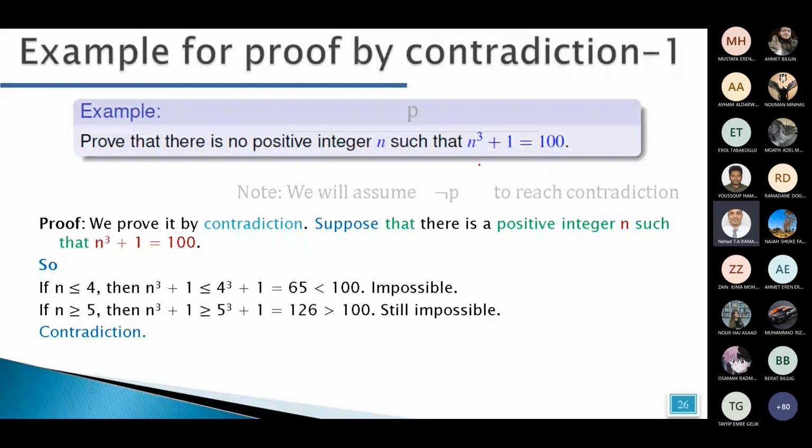Okay, here, prove by contradiction, there is no positive integer n such that n to the power 3 plus 1 equals 100. Okay, how to prove it?